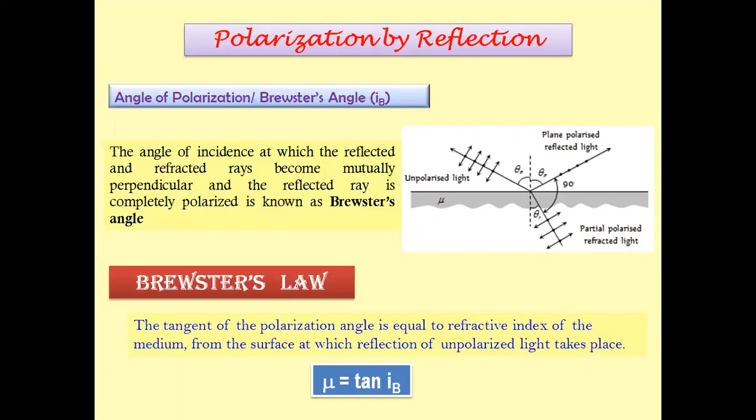But when the angle between the reflected and refracted ray is 90 degrees, the reflected ray is completely polarized. Then the angle of incidence is known as the angle of polarization or Brewster's angle. Let us consider the unpolarized light incident on a medium of refractive index mu. Then Brewster's law states that mu is equal to tan IB.